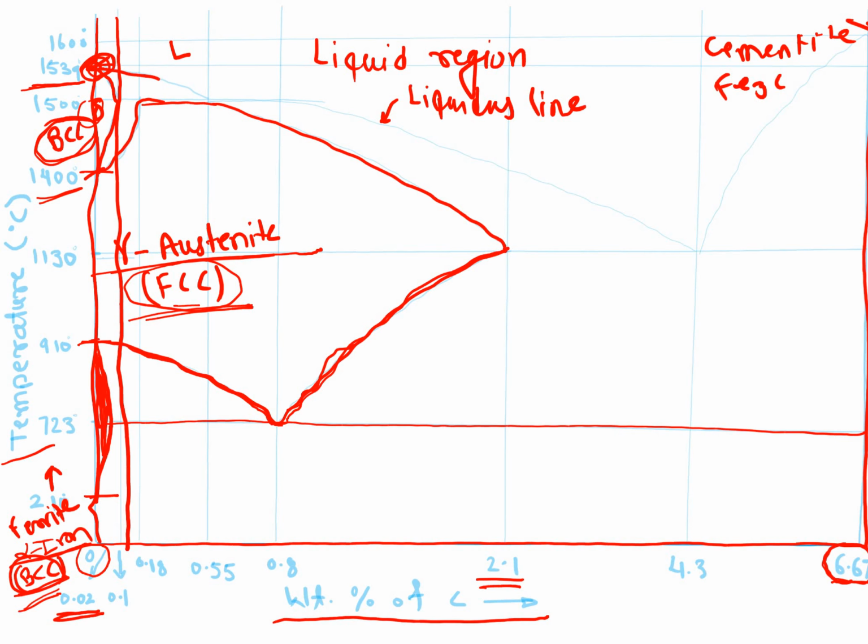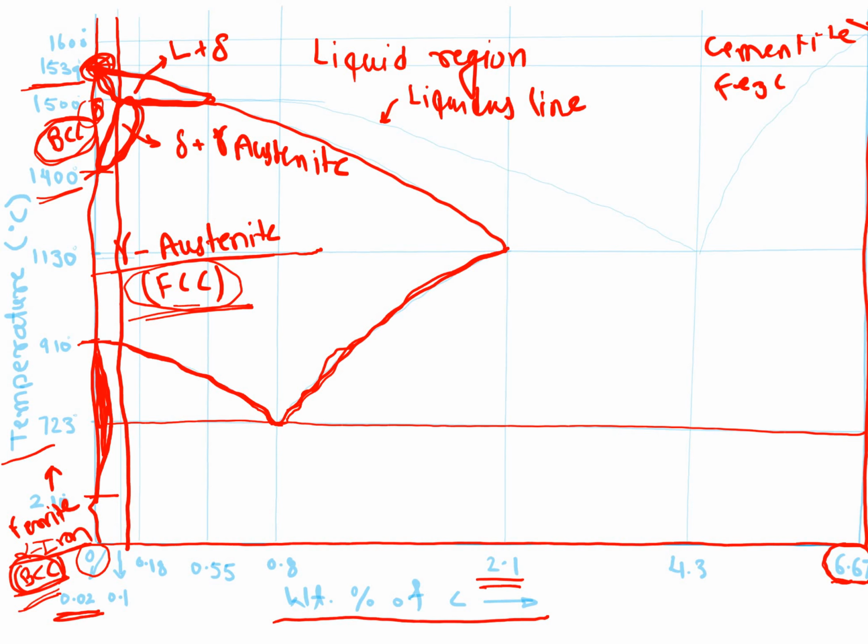So in between there will be liquid plus delta. For this region, this side delta and this side gamma austenite, so in a binary phase this will be delta plus gamma austenite.